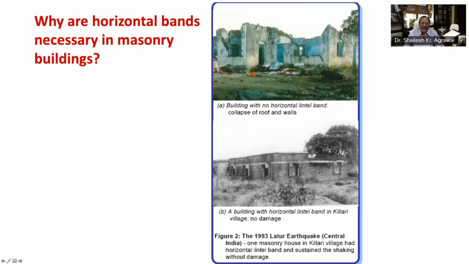Also, you can see figure just below figure 2A, that is this figure 2B, there was a masonry building in the village which had a lintel band. See this thick white strip? This is lintel band. Due to this lintel band, the building sustained the shaking very well with hardly any damage.